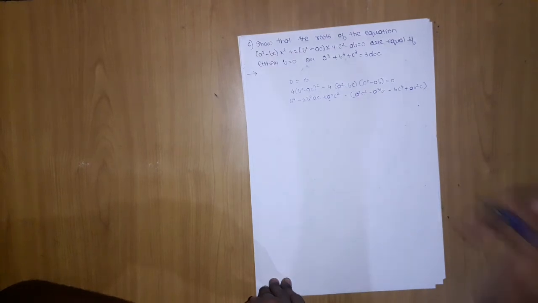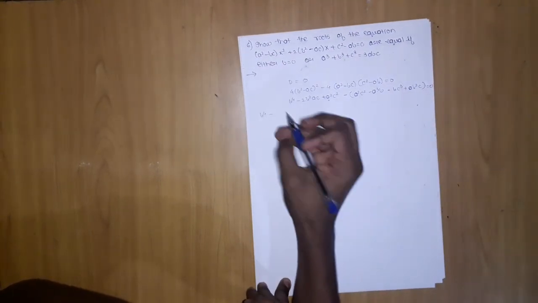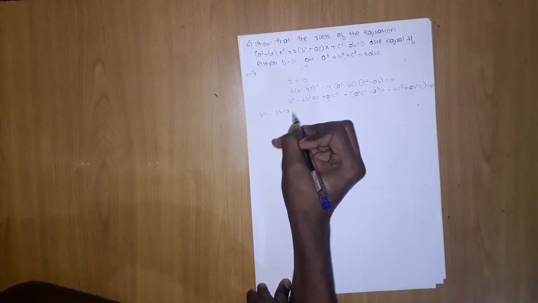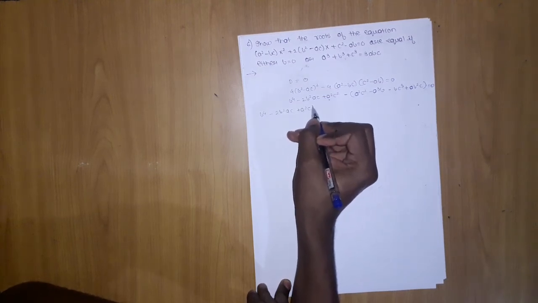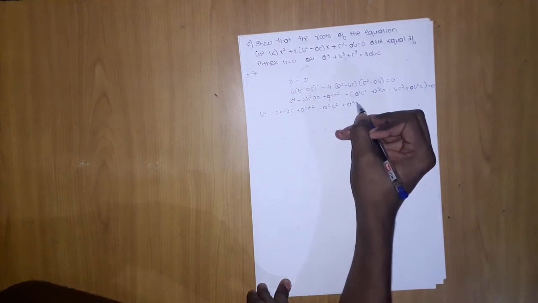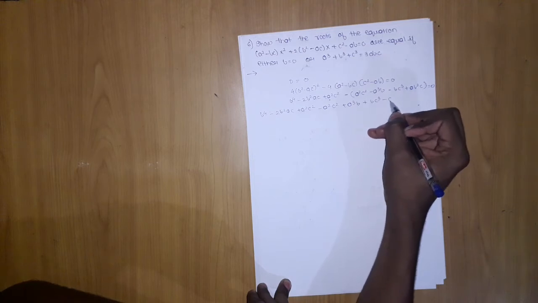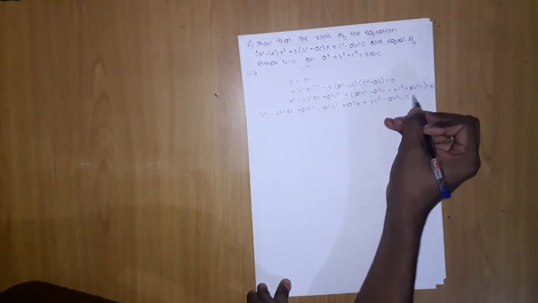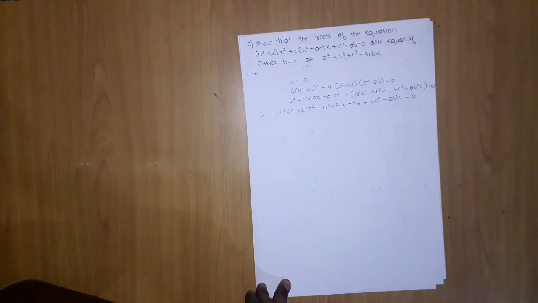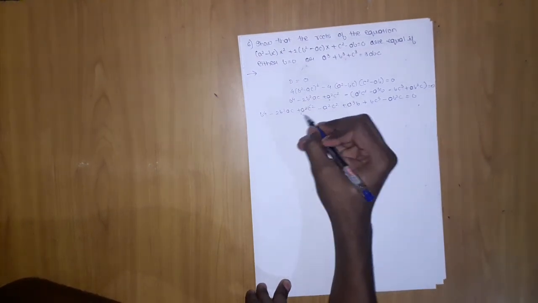Now this will be equal to 0. So b raised to 4 minus 2b square ac plus a square c square minus a square c square plus a cube b plus b c cube minus a b square c should be equal to 0. Now these two will add up, while these two will cancel out.